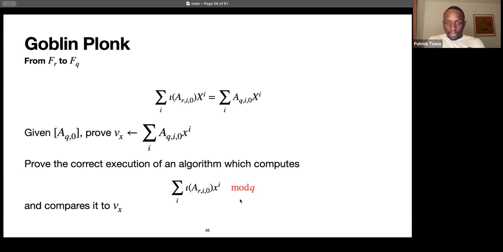And this is where you have to eventually pay, because you're trying to go from non-native to native. You're proving the correct execution of an algorithm that is doing these operations mod q.